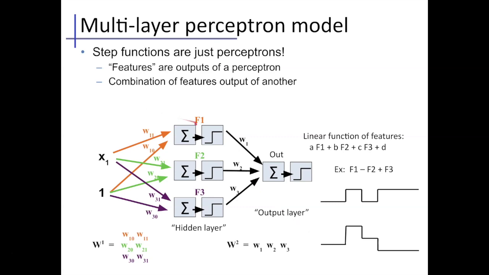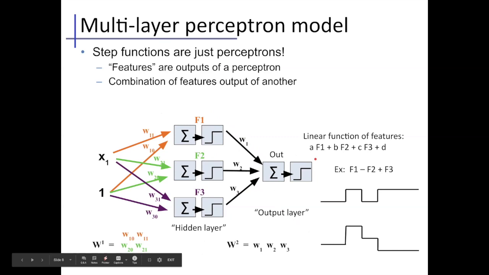Essentially, it is to apply perceptron models repeatedly. You put perceptrons within the hidden layer, and then you construct an output layer that uses the perceptrons' outputs as the input and produces a new output.